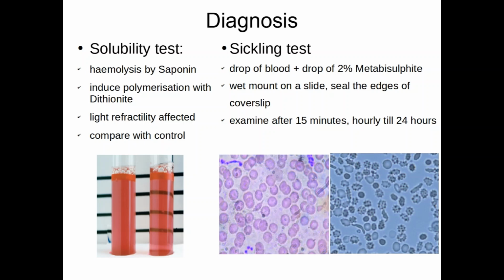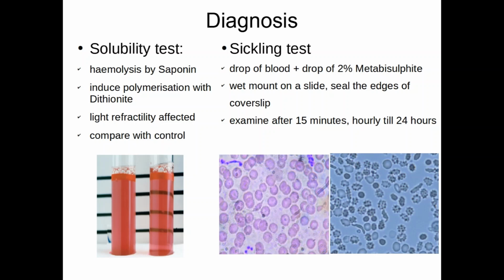The other test is called a sickling test. This is particularly useful in sickle cell trait because in sickle cell trait you will not be able to see, most of the times, any sickle cells in the peripheral smears. So here what you do is you take a drop of blood and you add a drop of 2% sodium metabisulfite to it. Then you incubate it for a while. You put it on top of a glass slide, cover it with the cover slip and seal the edges of the cover slip to ensure that no oxygen from the sides will diffuse into the sample.